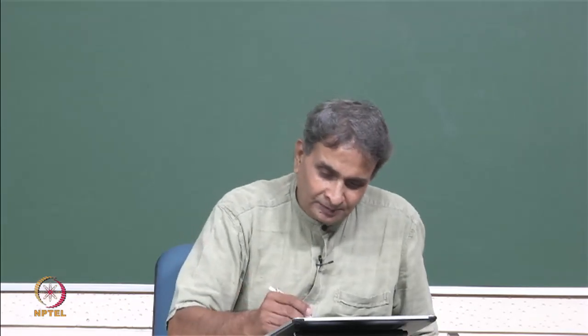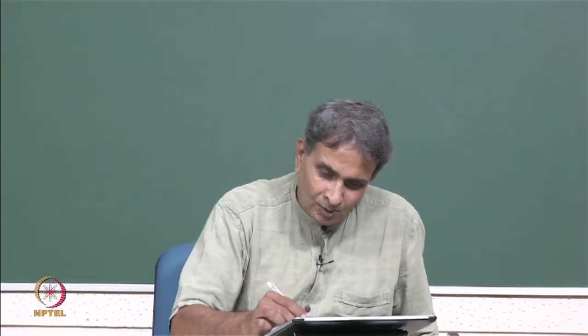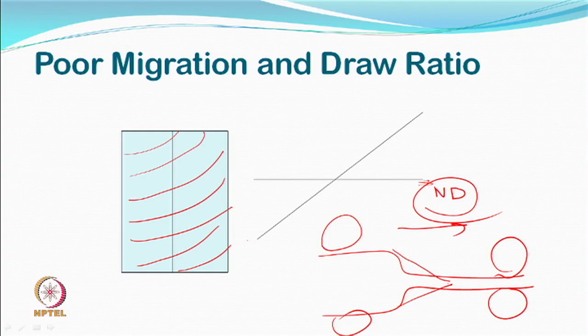they are twisted. Now, you have a twisted yarn which you want to draw, and you can appreciate what is going to happen. We anyway said texturing is a disorienting process. On top of it, during drawing itself, you are creating another problem, because of migration and because of the drawing. What they found was that in a twisted configuration, this necking zone was not sharp, it was an extended necking zone.